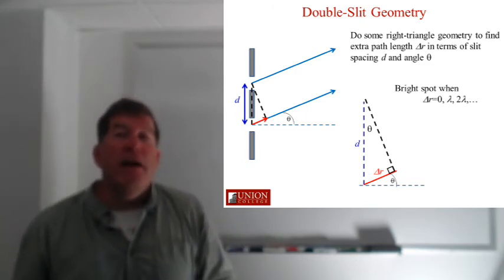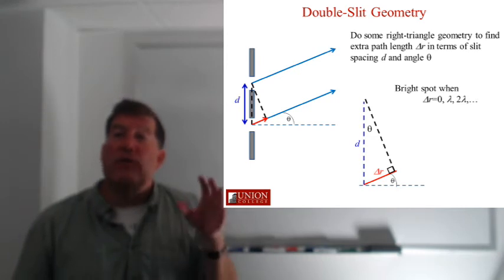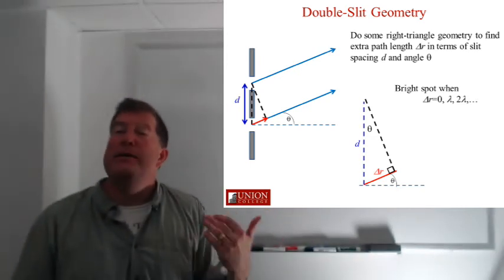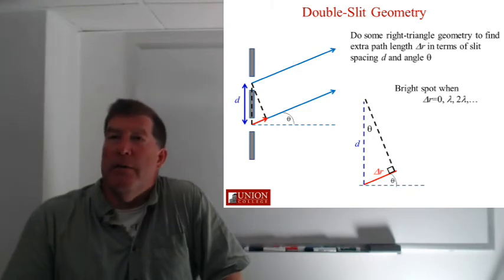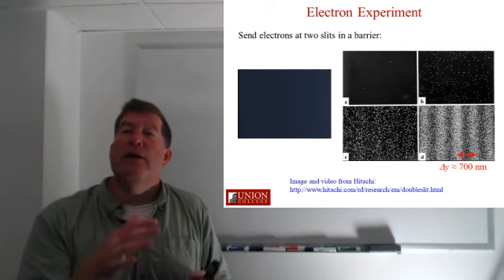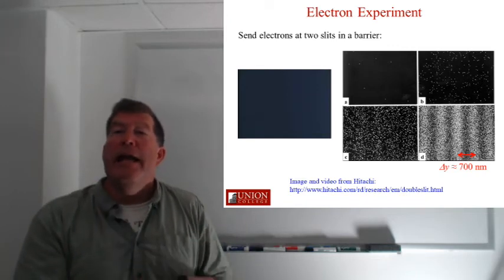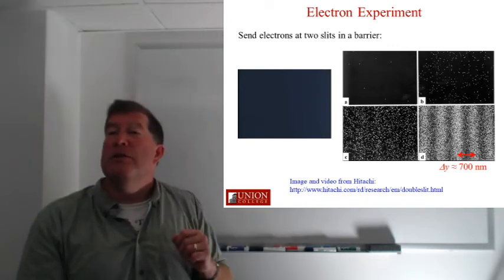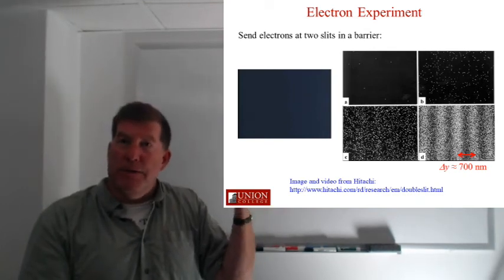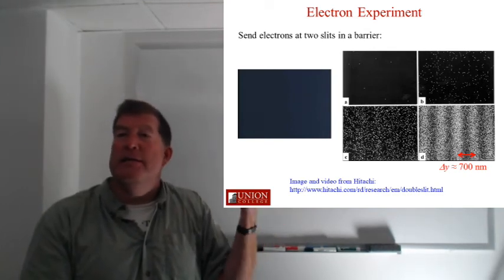The key thing to take away from this, though, is that this is going to give you a pattern of bright and dark stripes that is exactly the thing that we see when we do this double slit experiment with electrons. We send the electrons at a barrier with slits cut in it. Each electron is detected on the far side as a particle at a particular position at a particular instant in time.